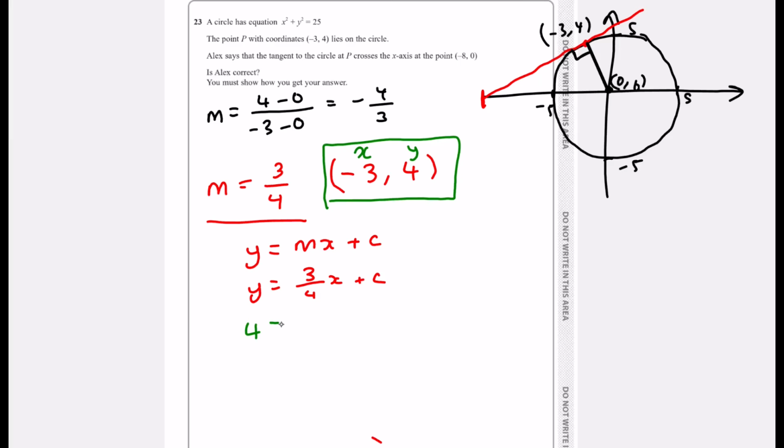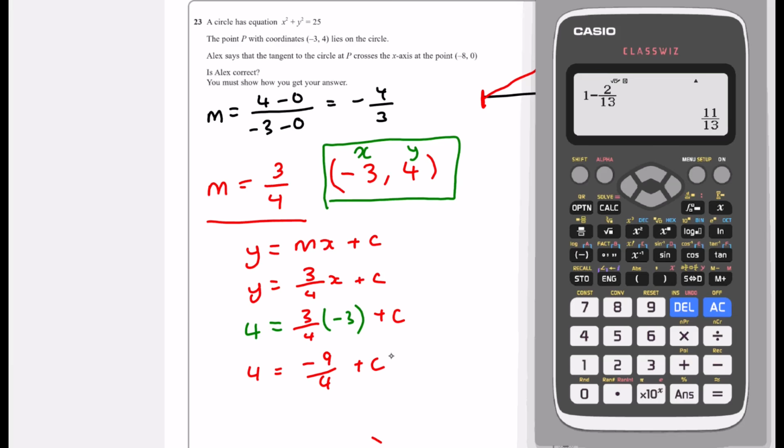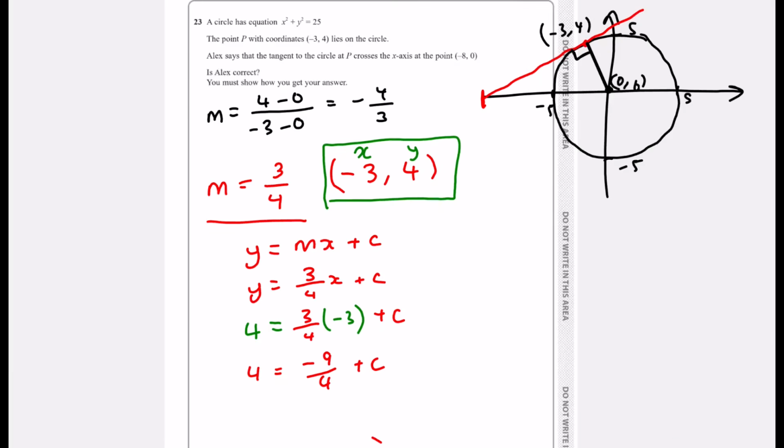So 4 equals 3/4 times -3 plus c. So 4 equals -9/4 plus c, plus 9/4 to both sides. 4 plus 9/4 is 25 over 4, or 6.25.